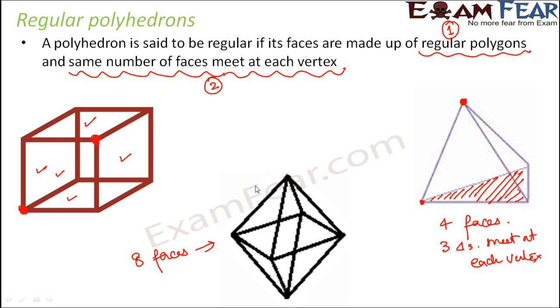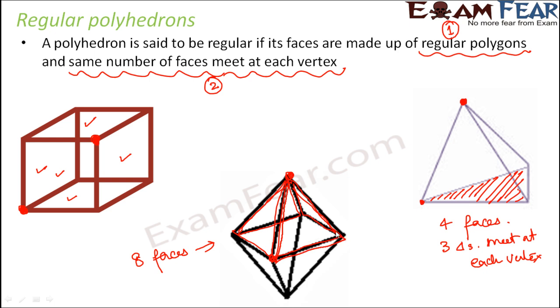What about the second criteria? If you look at any vertex, for example, this vertex, how many triangles meet? Triangle number 1, triangle number 2, triangle number 3, and triangle number 4. So 4 triangles meet at this vertex. Similarly, let's think of this point.